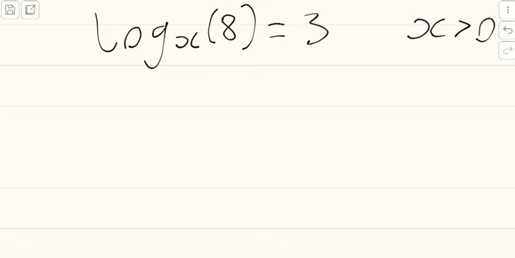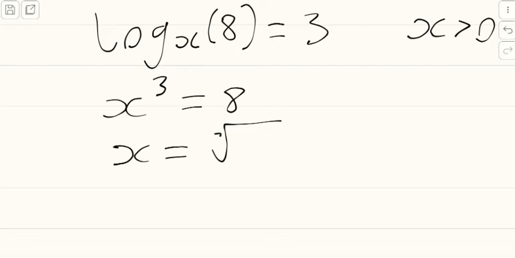To get from x to 8, we raise x to the power of 3, which gives us 8. So we can say x to the power of 3 equals 8. Okay, and then x is going to be equal to the cube root of 8, so x is going to be equal to 2.